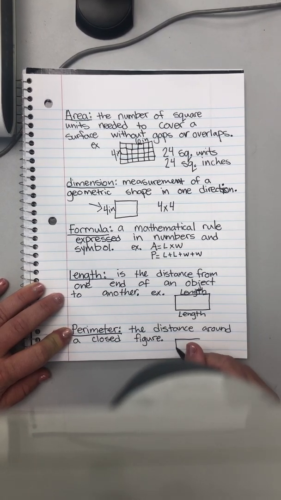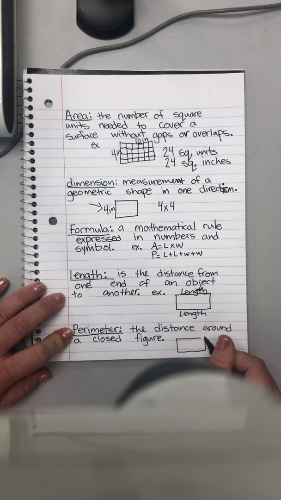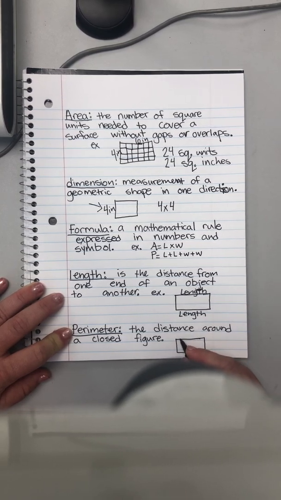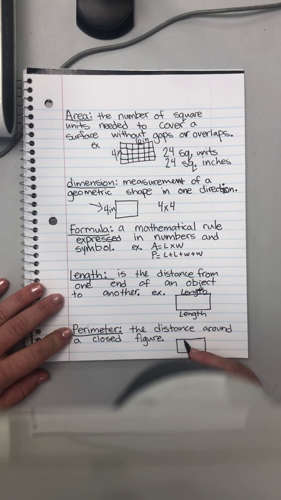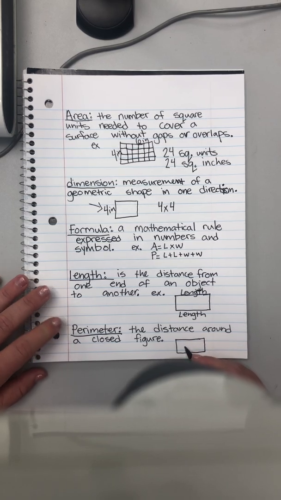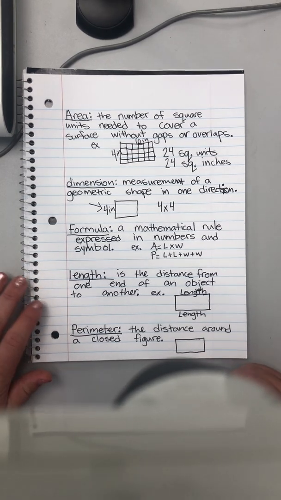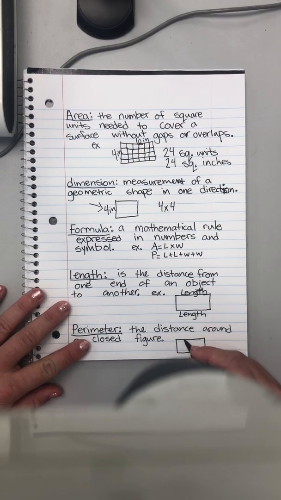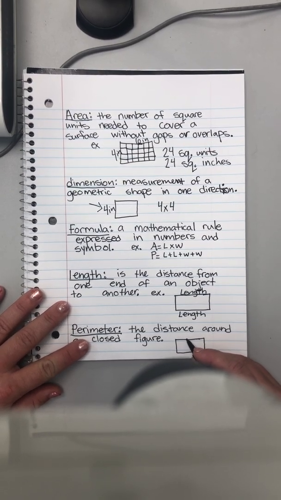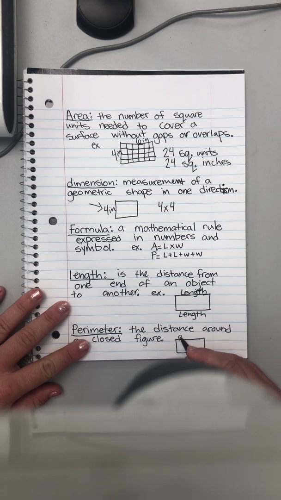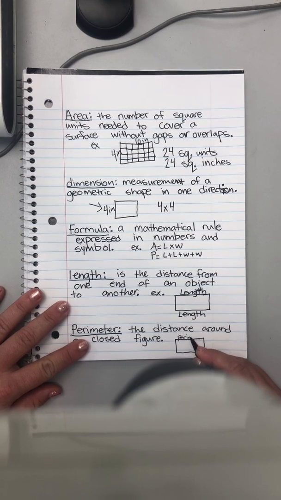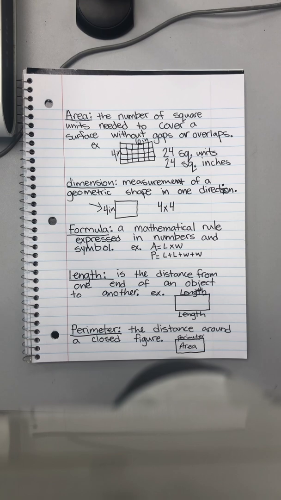So the perimeter is the outside. Our perimeter in first grade. Great. Then you should be a professional at this. Yep. The perimeter is here. Area is on the inside, perimeter is on the outside.